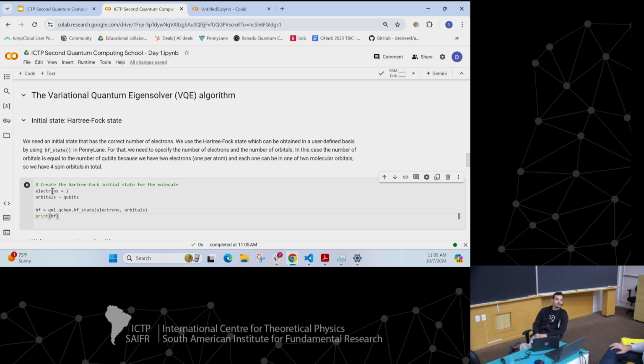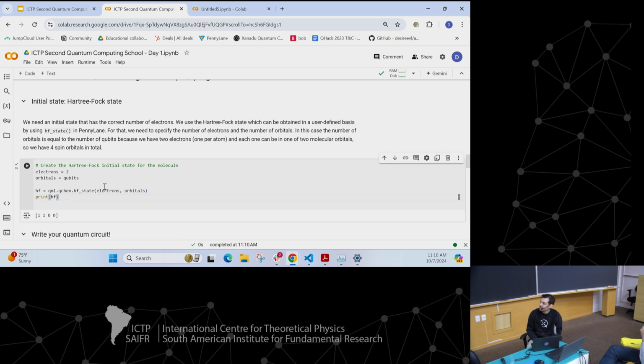Or how would you know you have the right Hartree-Fock state? Yeah, exactly. Remember, Hartree-Fock state is you're occupying your spin orbitals progressively from the lowest one until you run out of electrons. And what you get is indeed an array describing that Hartree-Fock state mapped onto qubits.